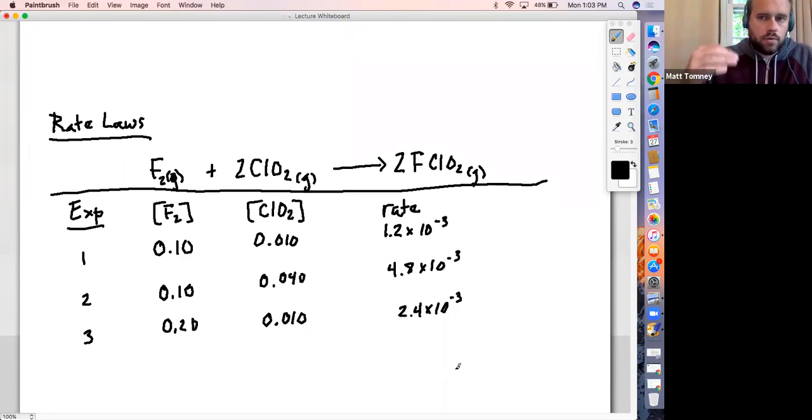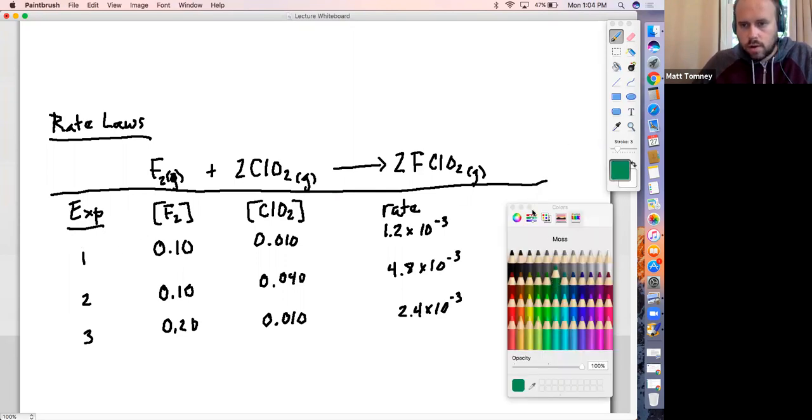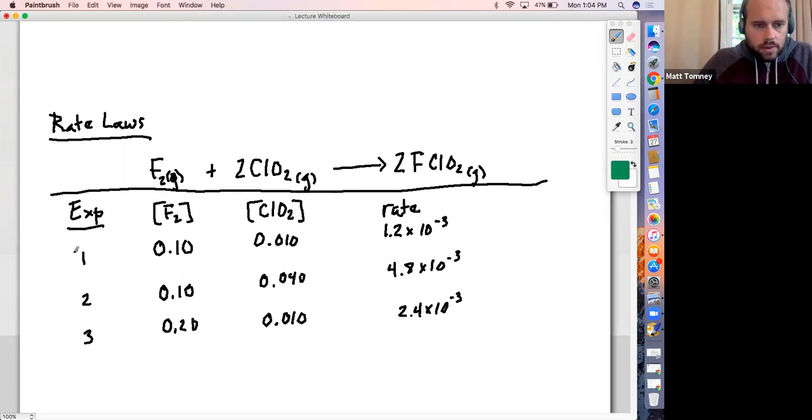So let's work through some general assumptions here that we can make from our observations. So first of all, if we take a look at the fluorine, when the fluorine concentration doubles, what happens to the rate? So the fluorine concentration in experiment 1, and let's change colors for this so people can follow where I'm talking about, right? So I look at experiment 1, here's the fluorine concentration, 0.1 molarity.